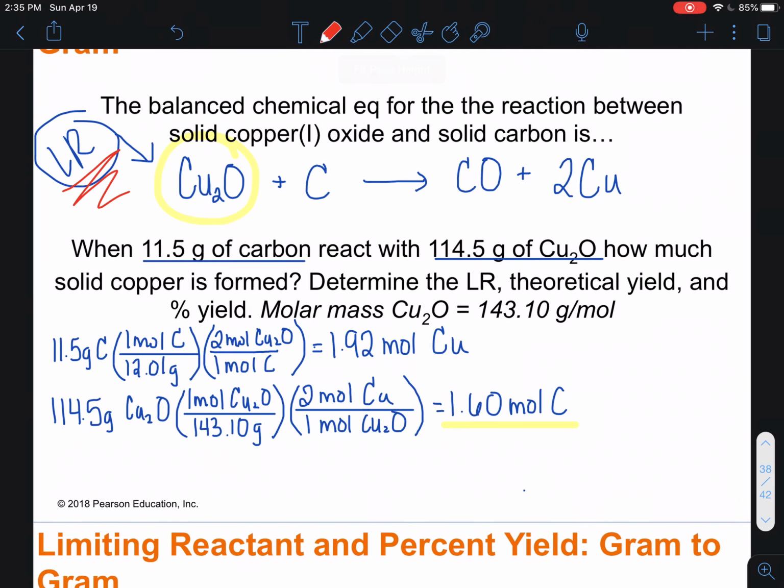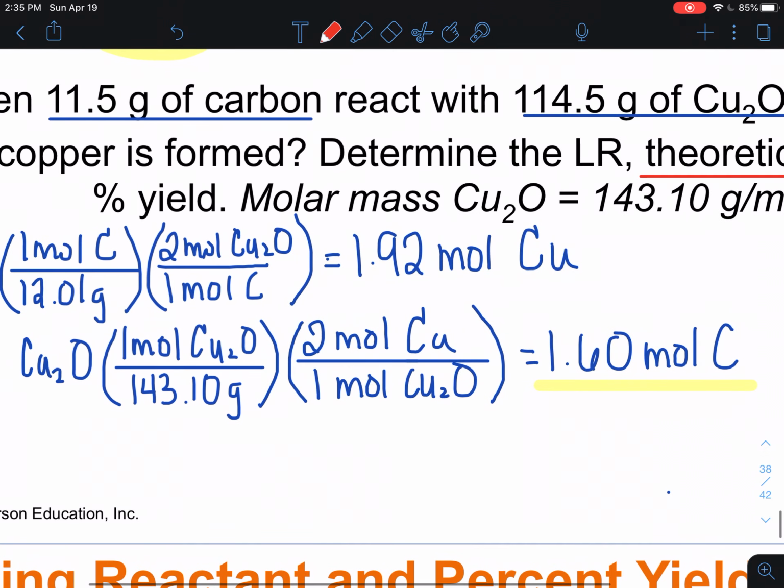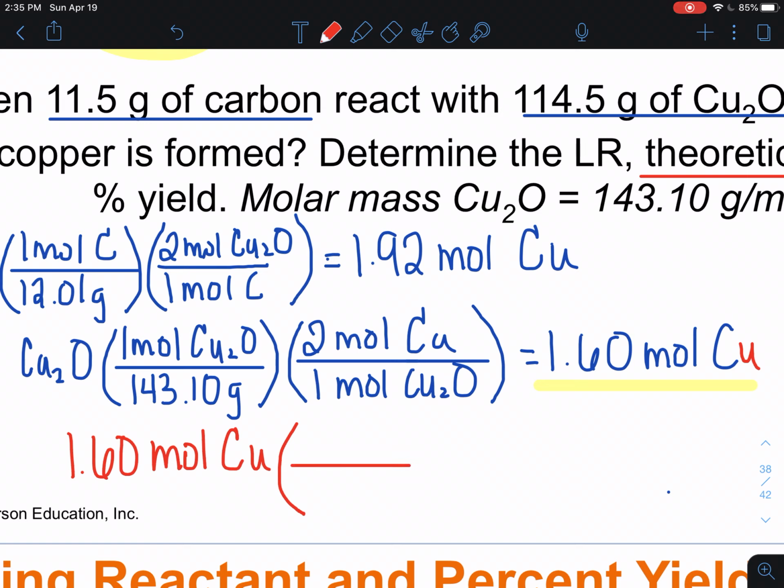And then to determine the theoretical yield, you're going to take that copper, 1.60 mole copper, and you're going to convert it to grams using the molar mass of copper from the periodic table.